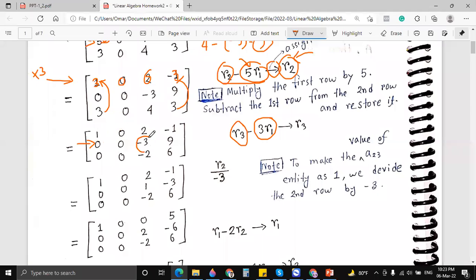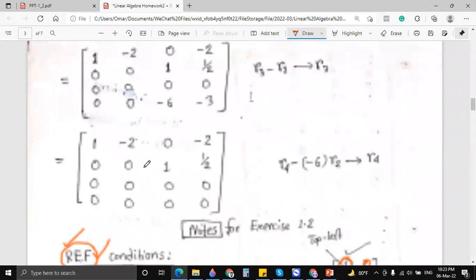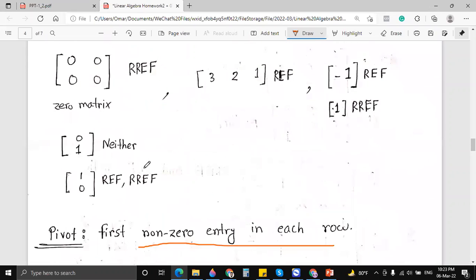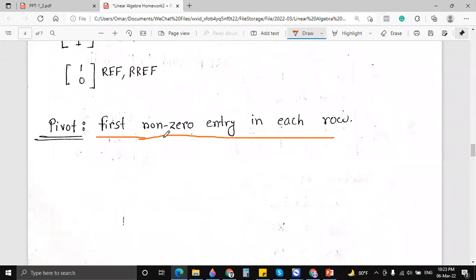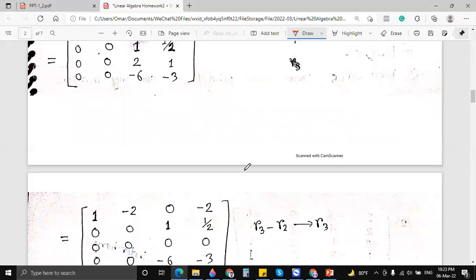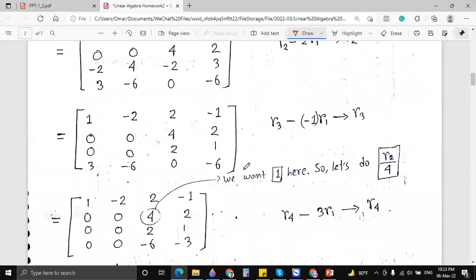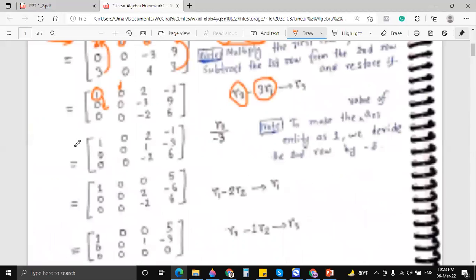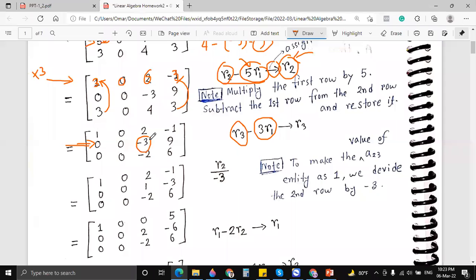What is a pivot point? A pivot point is the first non-zero entry in each row. For example, on the second row, the first non-zero entry is minus 3. That's why minus 3 is our pivot point.